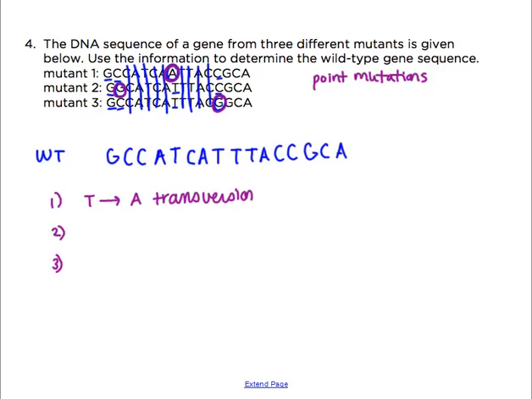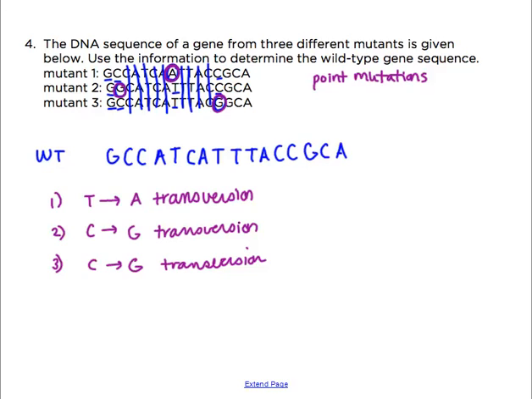For mutant 2, normally the gene sequence has a C there, but it's mutated to a G. Again, that's a pyrimidine to a purine, which is a transversion again. And for mutant 3, they have a G there when there used to be a C in the wild type, so it's the same as mutant 2, transversion. It was just at a different base position.